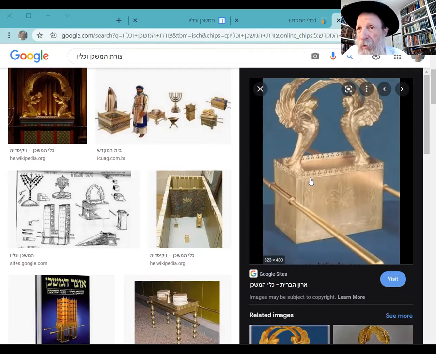The top of it was one piece. And we're going to see that there's an opinion. Rashi is going to say that it was forbidden to put it on until the tablets were inside. In other words, you couldn't make the whole thing, make the box, make the top, and put it on and wait until the tablets were put inside. It was a separate thing and had to be made separately.